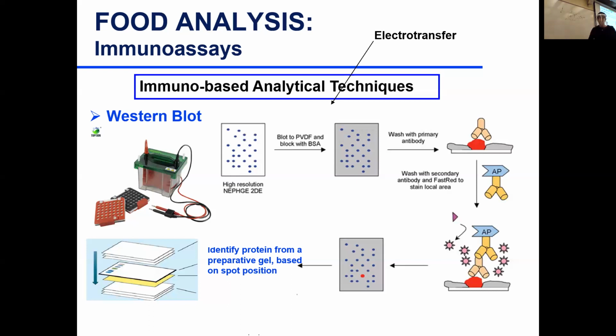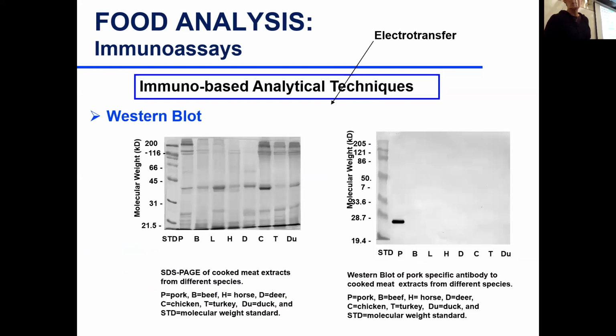So this is here an example of it. So here we're running pork, different types of pork, beef, horse, deer, chicken, turkey, whatever, duck. And you want to determine the pork protein, so you have an antigen for it.